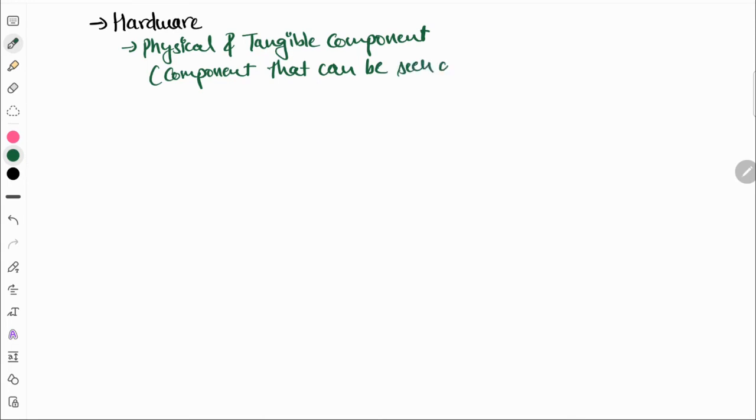Examples of hardware are input devices, like keyboard, mouse.